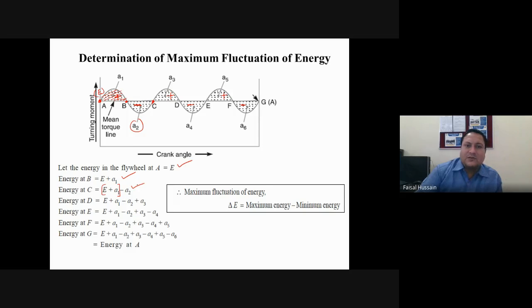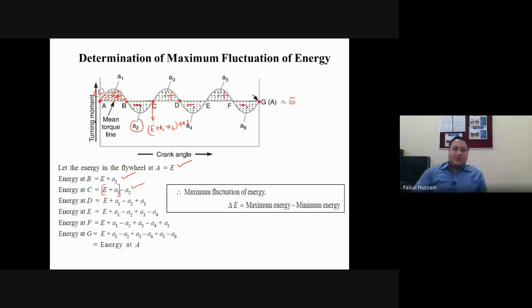Similarly, we have to determine energy at D. Energy at C is E plus A1 minus A2, and this is plus A3. Similarly, the process is repeated. And you will find that at the last point, the energy will be equal to the energy at A, that is E. So this is the condition.